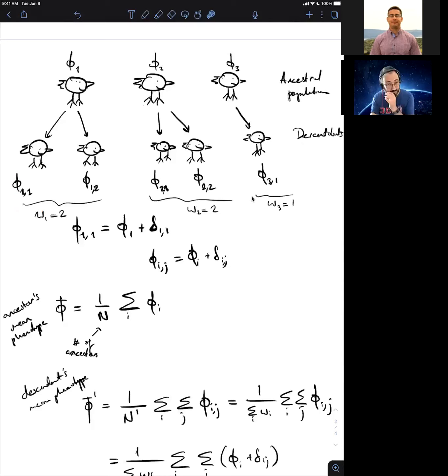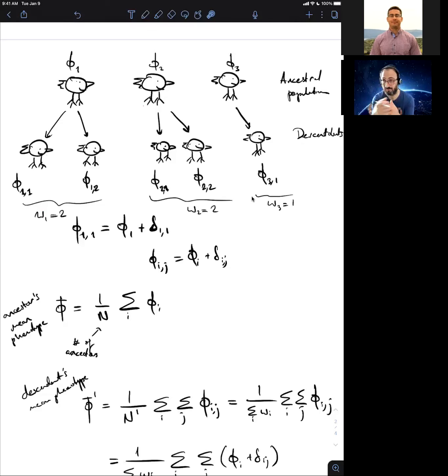So for example, if the phenotypes were perfectly genetically determined, with no mutation or whatsoever, but also have an environmental variation, then the environmental variation, if it's unbiased, might end up washing out.